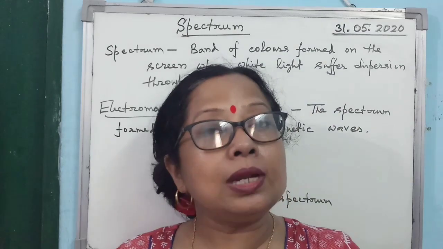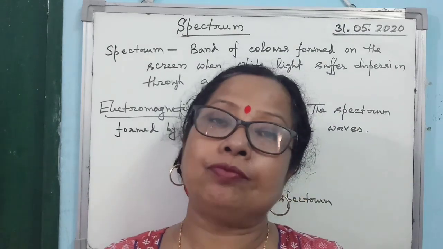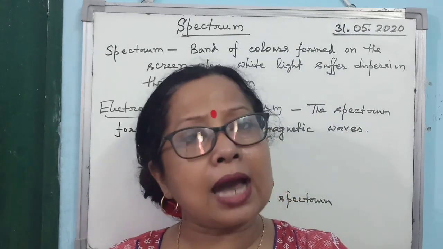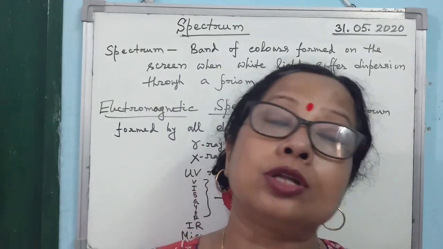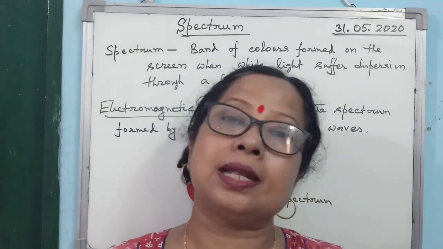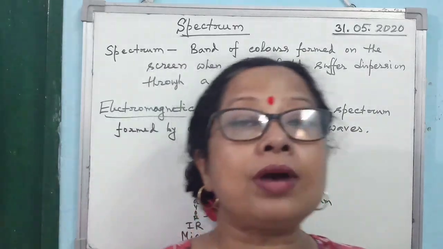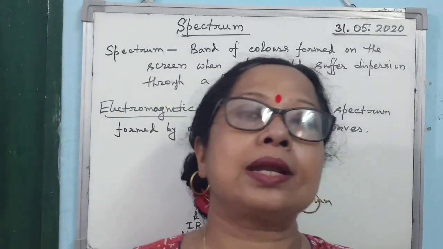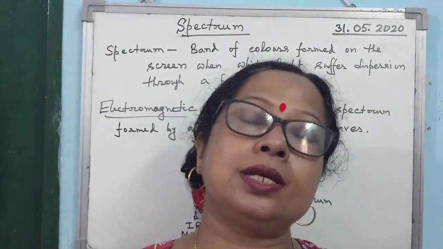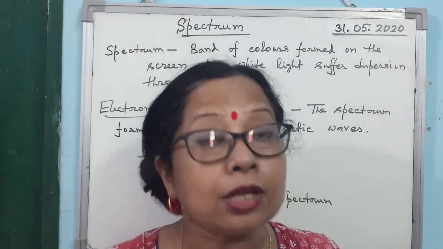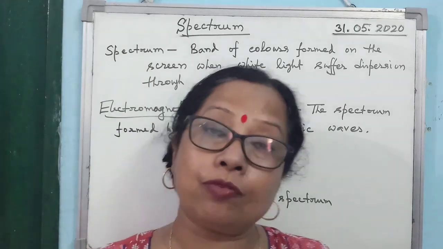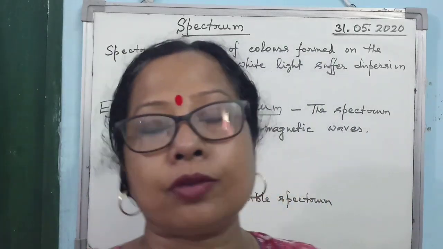Not only light is an electromagnetic wave, there are other electromagnetic waves also, just like gamma ray is an electromagnetic wave, X-ray is an electromagnetic wave, ultraviolet radiation is an electromagnetic wave, infrared radiation is an electromagnetic wave, microwave is an electromagnetic wave, radio wave is an electromagnetic wave.